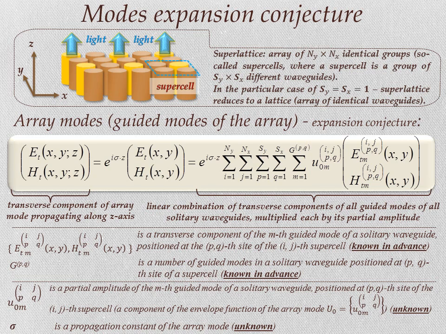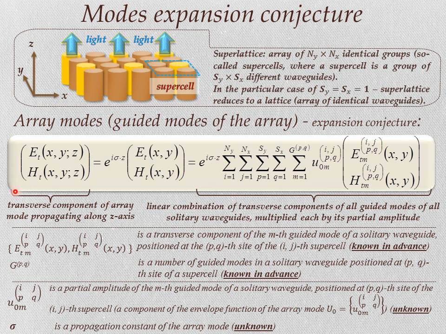In the particular case of sy equals sx equals 1, the superlattice reduces to a lattice or array of identical waveguides. Array modes or guided modes of the array can be represented in the following way.